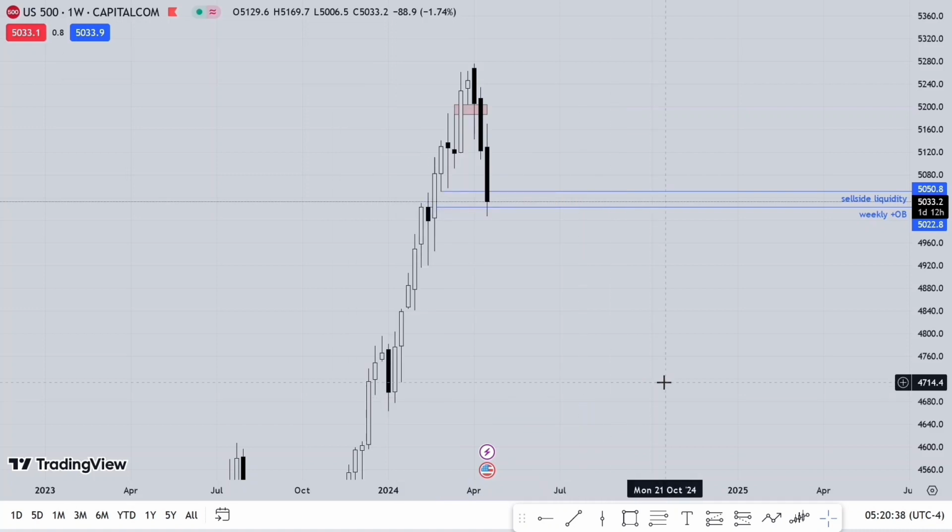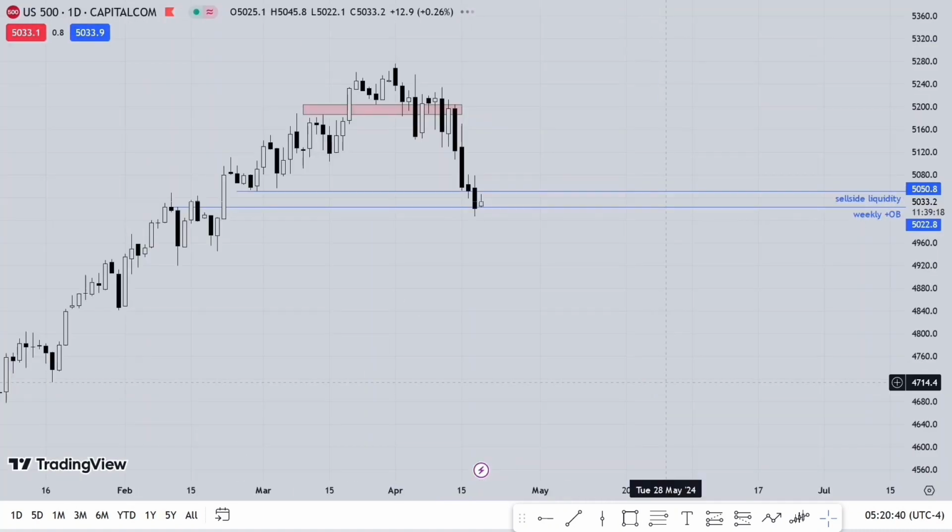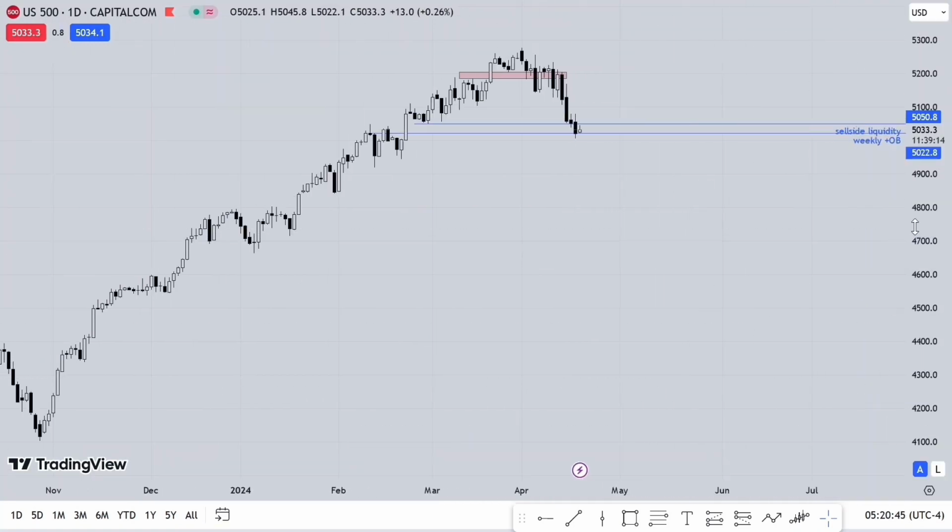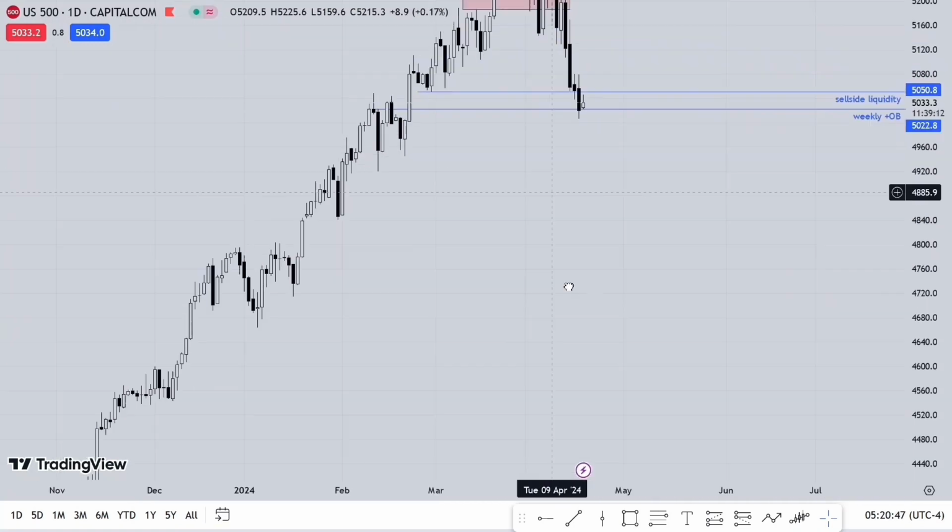So dropping into the daily time frame, as you can see, this was our joint liquidity for yesterday's price action.